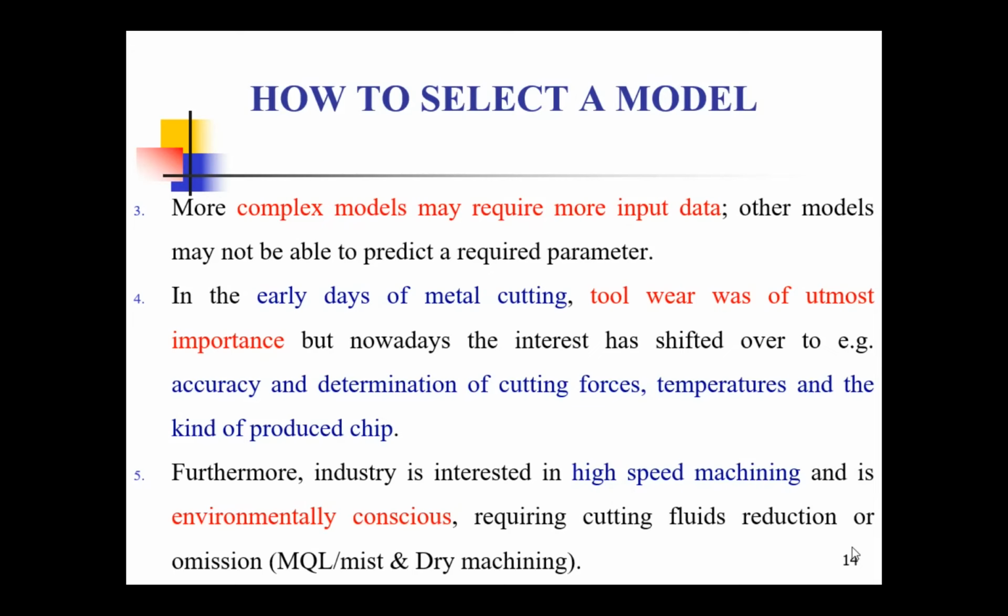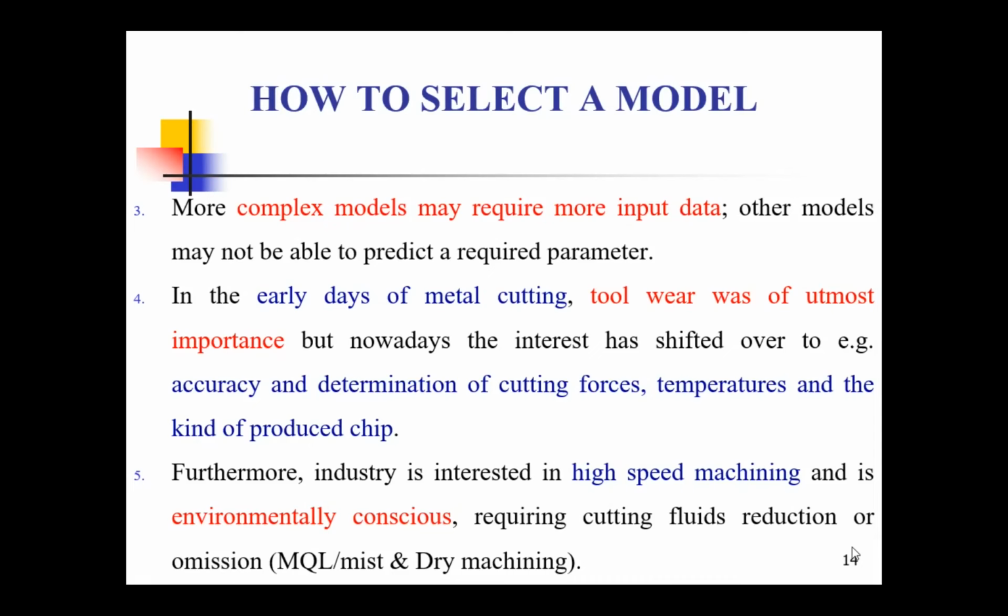Then they became environmentally conscious, that is, how we are going to supply the coolants, because at high interface temperatures, when I supply the cutting fluids, they tend to evaporate because they take away the heat. Heat dissipation is the important thing in machining, and for this purpose we provide the cutting fluids. But when supplied into the interface, they tend to evaporate.